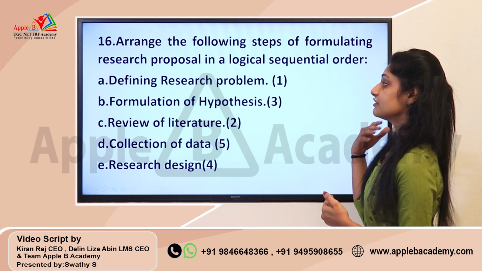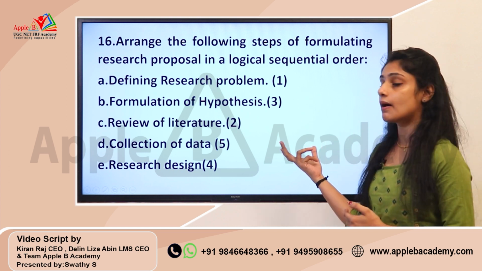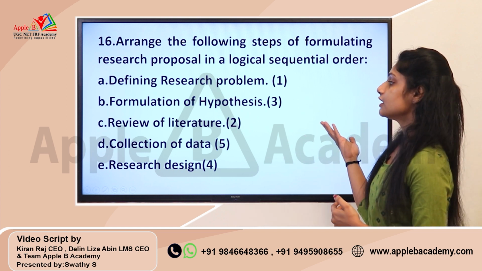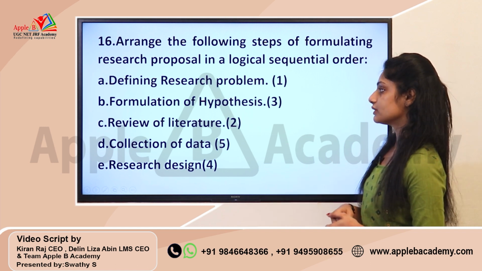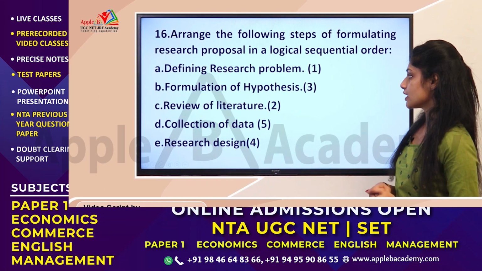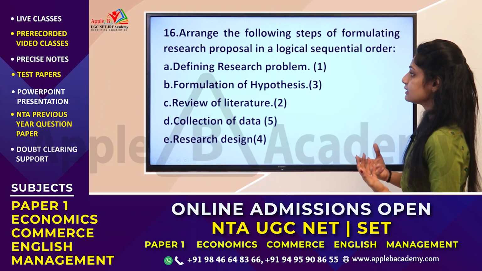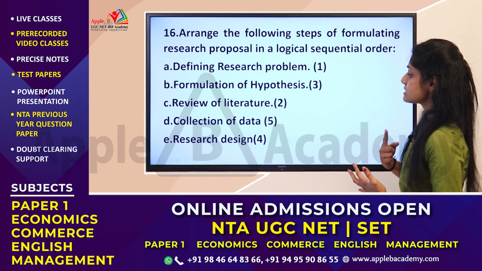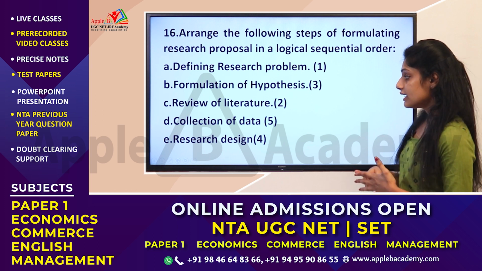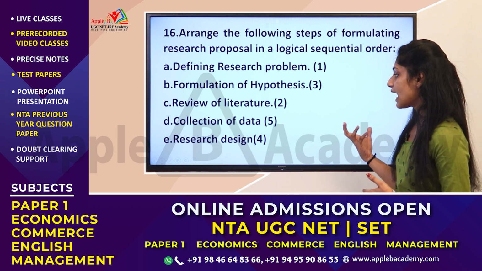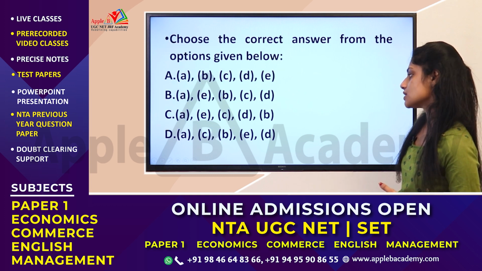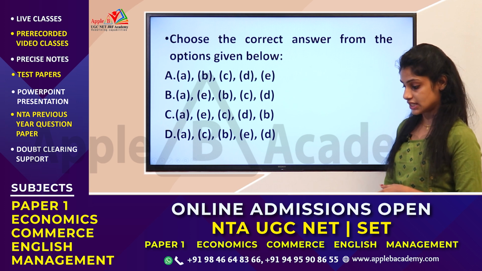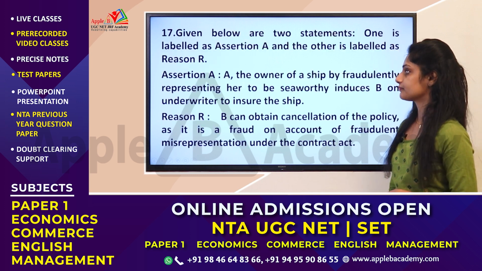Firstly, it should start with defining the research problem, then the review of literature, then the formulation of hypothesis, research design, and finally the collection of data. Okay, so your option should be A, C, B, E and D. So it starts with A and it should end with D, right? So the option that starts with A and ends with D is option D. That is the correct answer.